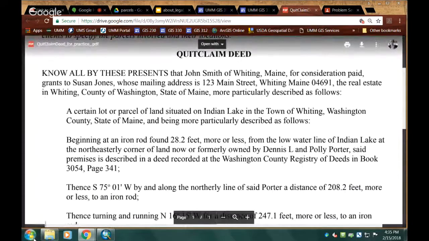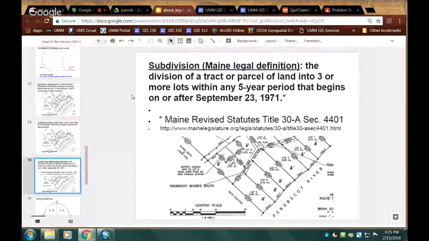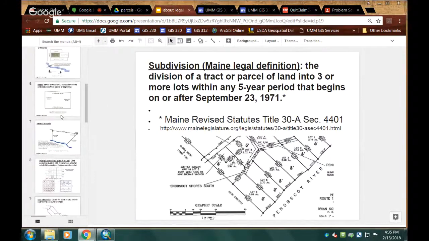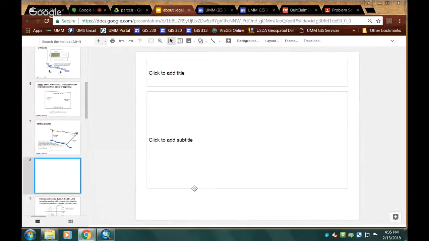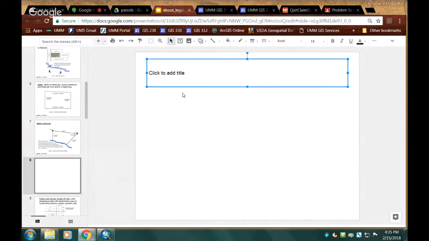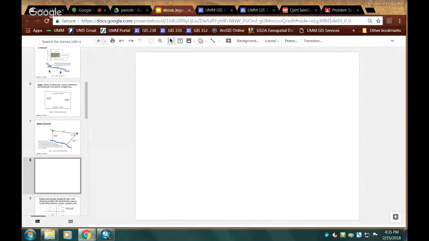I'm gonna show you how this works. And in fact, maybe I'll do it here, after our metes and bounds discussion. So I'm going to actually draw it. I'm going to draw the parcel described.